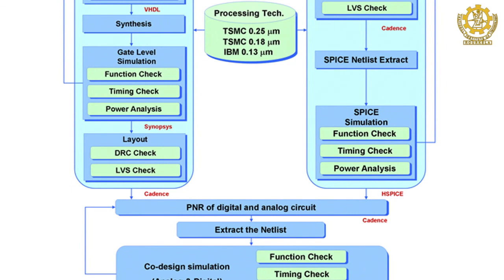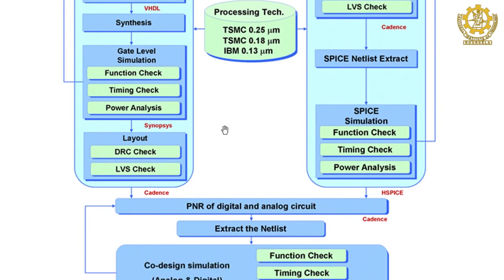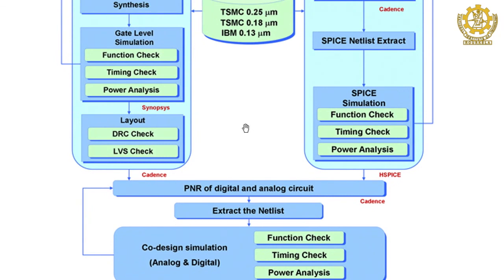Okay. Then LVS is the step where we verify, it checks layout versus schematic. Now, you might have done a gate level simulation, in which a number of gates followed by transistors will be there. Tools will give you that gate level netlist, and you will have gate level coding also. Before layout we will have a certain amount of gate level netlist, which can also be converted to a transistor level netlist.